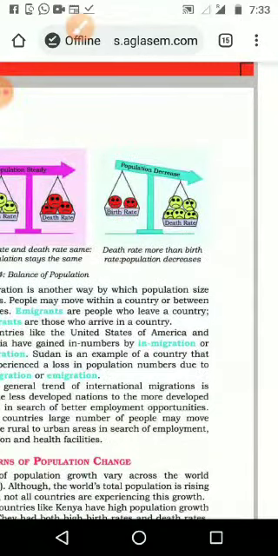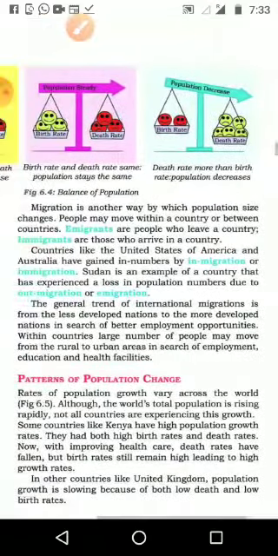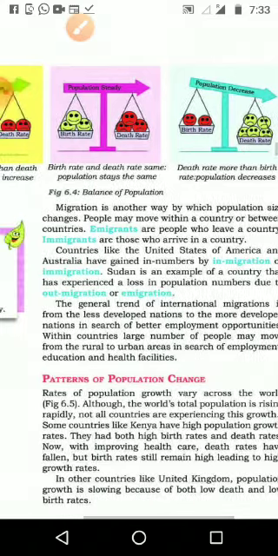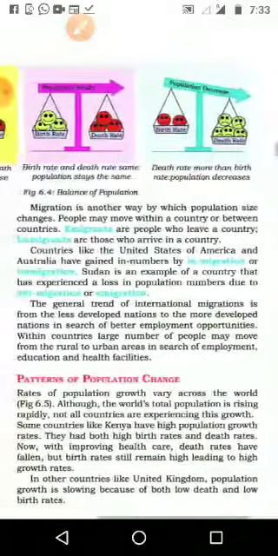When birth rate is very less and death rate is very high, we can see population decrease. Italy and countries like that have the same problem, birth rate is very less and death rate is very high. That's why they are having population decrease.